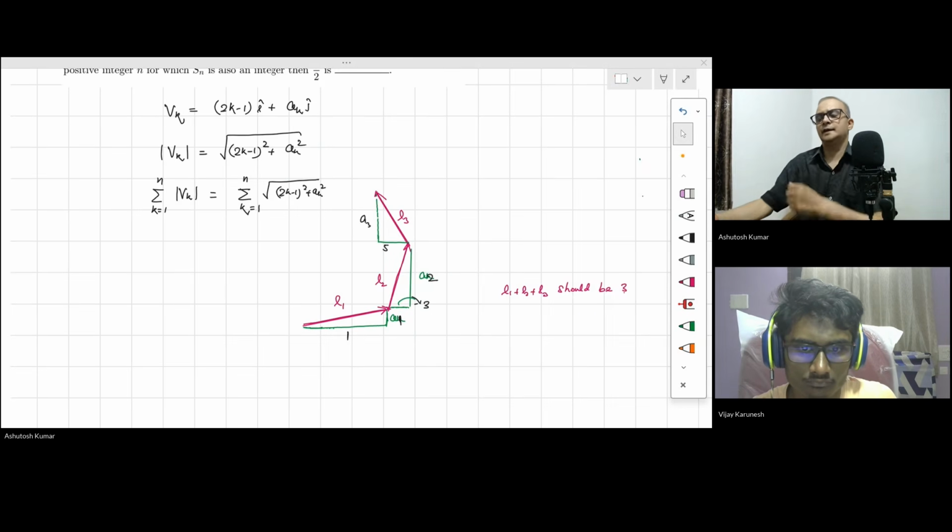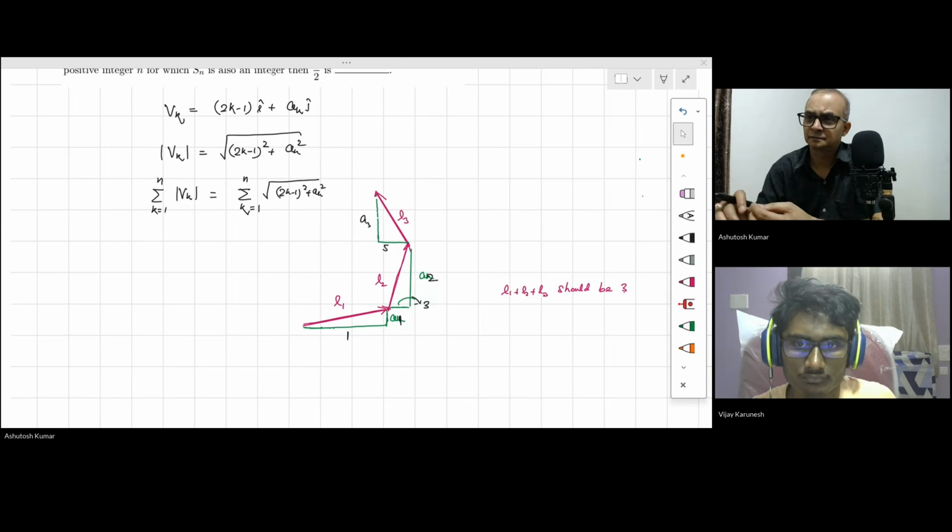Why not? We can arrange them like they all are on the same straight line. So in that case, what will be the total horizontal distance we get? L1 plus L2 plus L3, sir. Not horizontal. What I mean to say is that suppose some inclination is there.